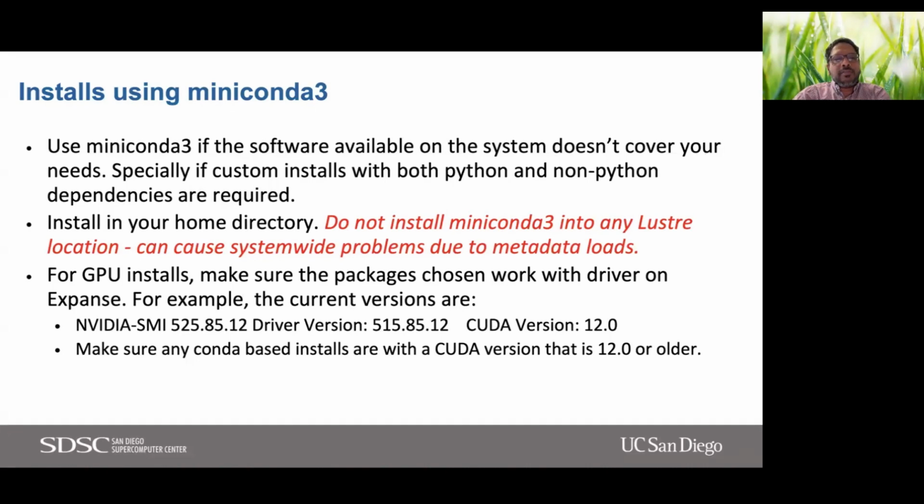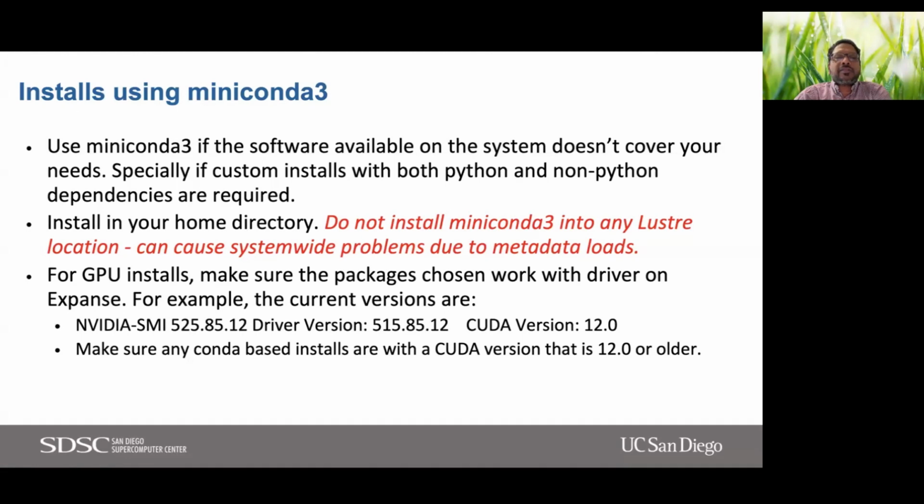The other thing to keep in mind with Conda installs is to make sure that the packages you're picking are compatible with our drivers. Specifically, this pertains to GPU installs. For example, on Expanse right now, our driver version is 525.85.12, and that supports CUDA version 12.